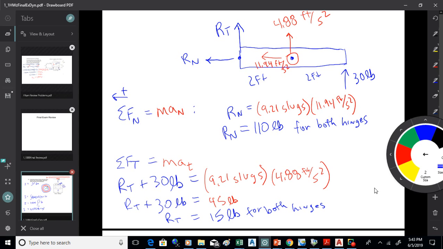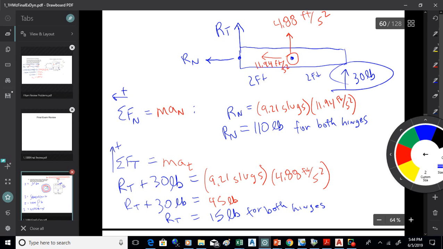Now for the tangential direction, I'm going to call the y direction positive, so that would be that way. That's going up. I'm calling that direction positive. So I've got the sum of Ft. I've got Rt, the reaction, but I also want to include this 30 pounds over here. Those are the forces, they go on the left.